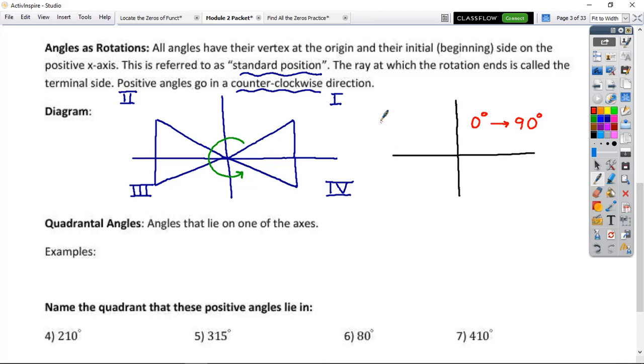Quadrant 2 is always going to contain angles from 90 degrees all the way to 180. Quadrant 3 is going to be 180 degrees all the way to 270. And then lastly, quadrant 4 is going to be from 270 all the way to 360. And again, these refer to positive angles that are always going to rotate counterclockwise. So just like that.